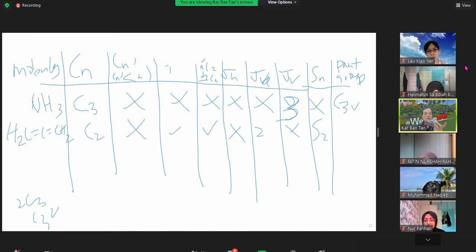For this point group, how many S2 do you have? 2? Can it be from this way? Which I doubt so. This way, which I doubt so as well. So you only have one S2. Point group for this, guys? Can you try?